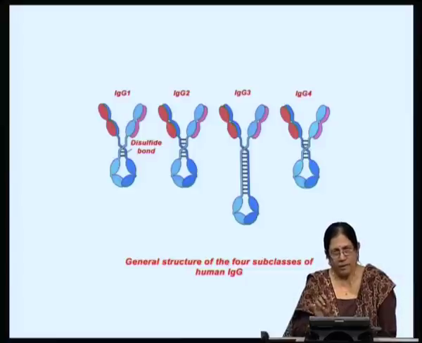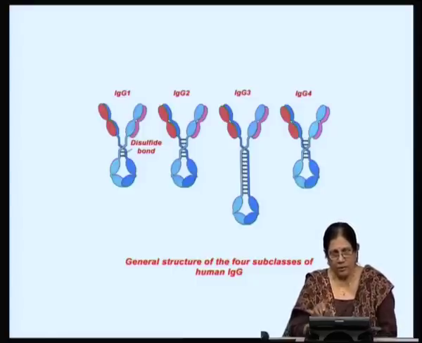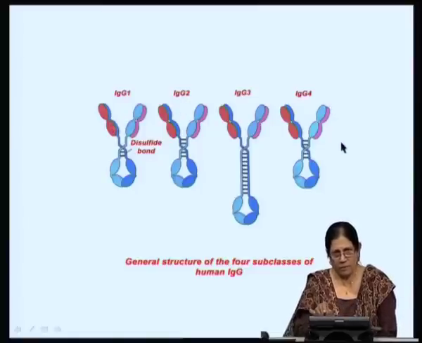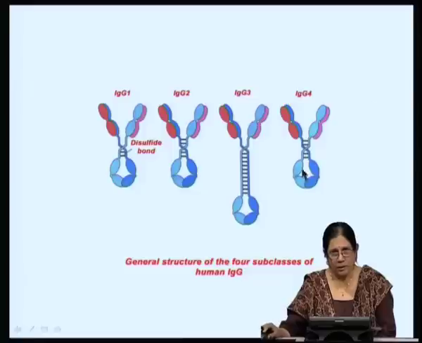Remember that there are constant domain regions in the immunoglobulin gene itself, and these, not in sequence, but are found soon after the gene for IgD. So, you have IgM, IgD and then you have the IgGs, the different domains of the 4 types of IgG, IgG 1, 2, 3 and 4.